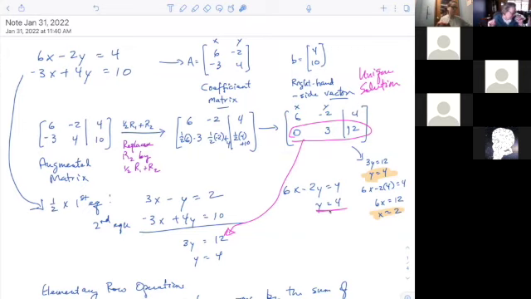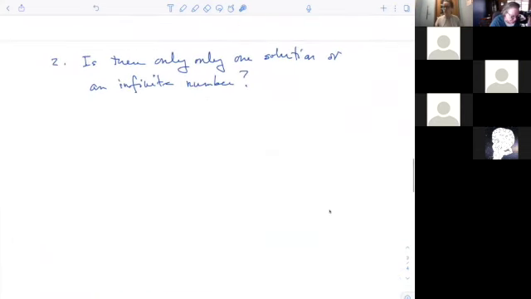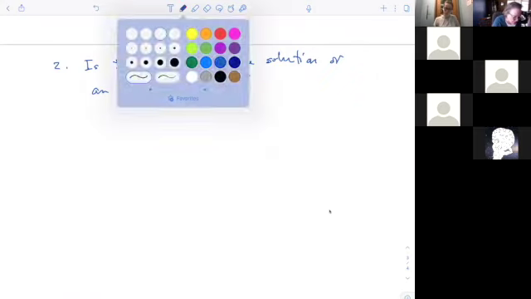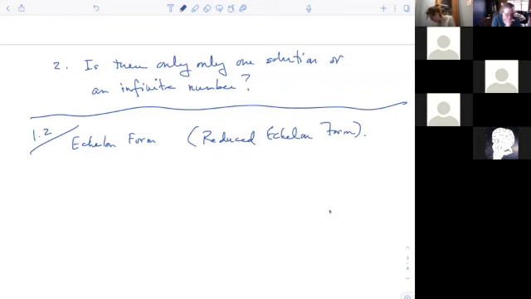If you have your book handy, at the beginning of section 1.2 there's the definition of echelon form and reduced echelon form. These have to do with the form we want to get the augmented matrix into when we're solving the system.